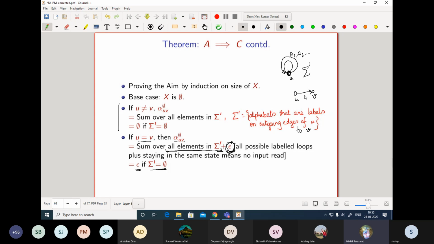So this is all the outgoing edges from U to V. And this is also, if u is equal to v, then only the loops, the labeled loops at u. It could be a1, a2, and so on. Yeah, sorry, there is a typo here. Outgoing edges of u to v.